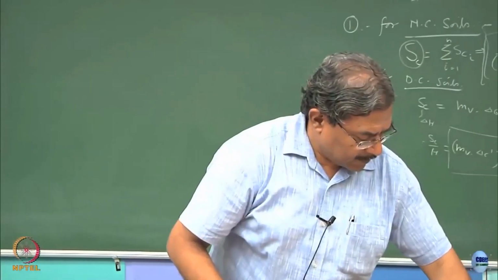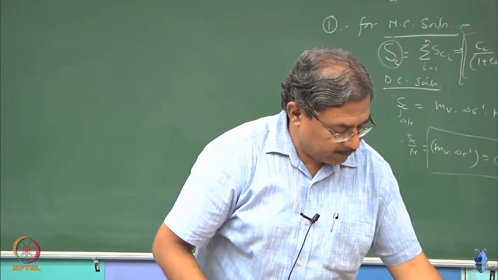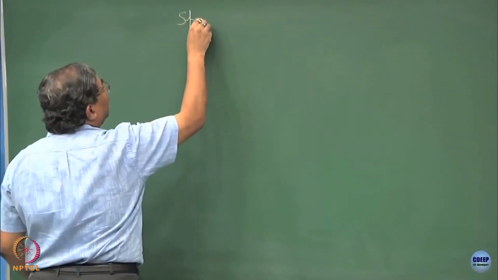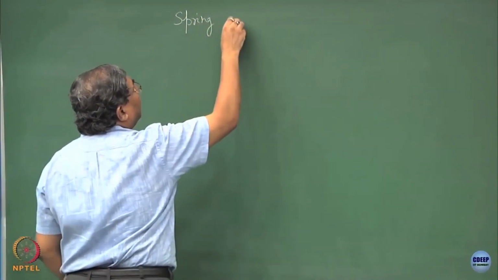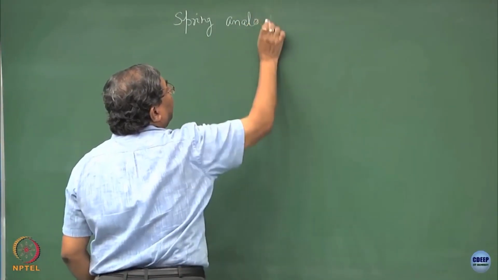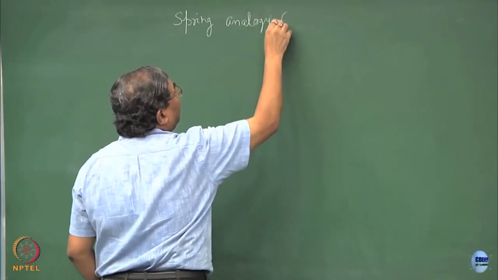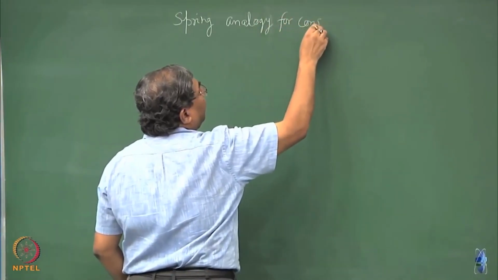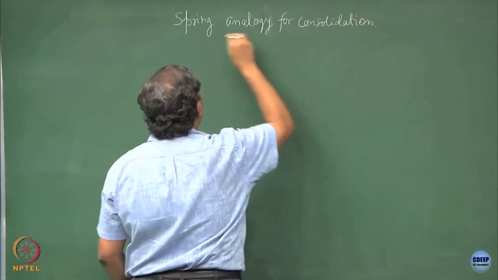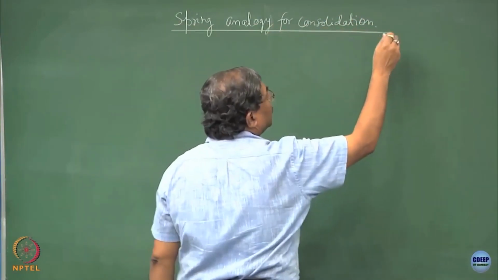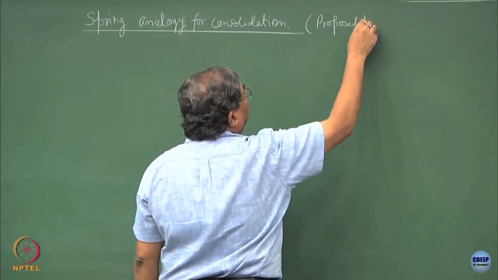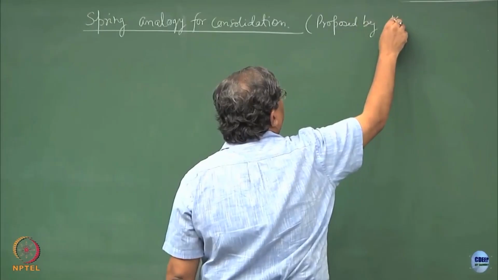So, there is something known as the spring analogy for consolidation, which was proposed by Carl Terzaghi.